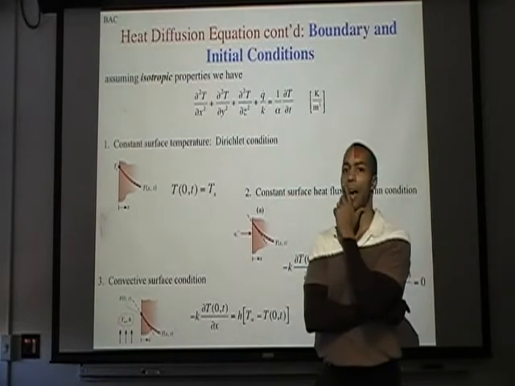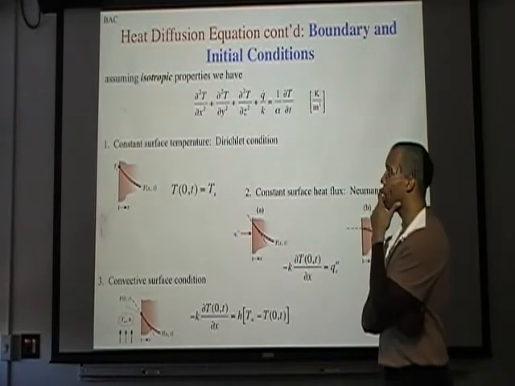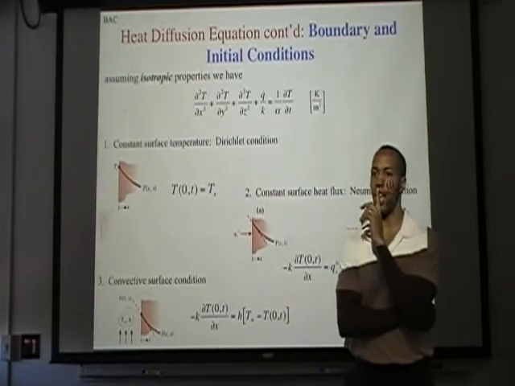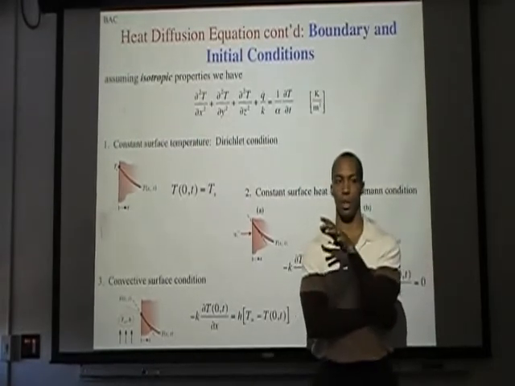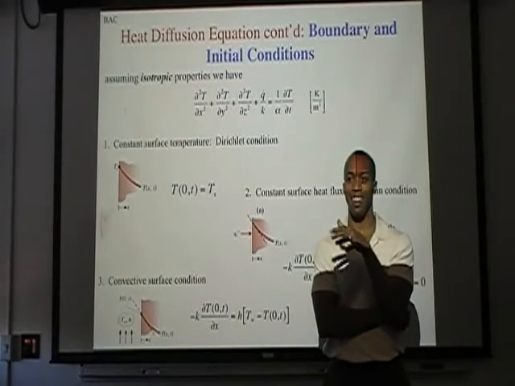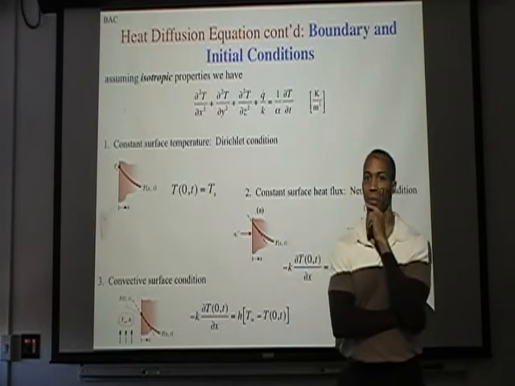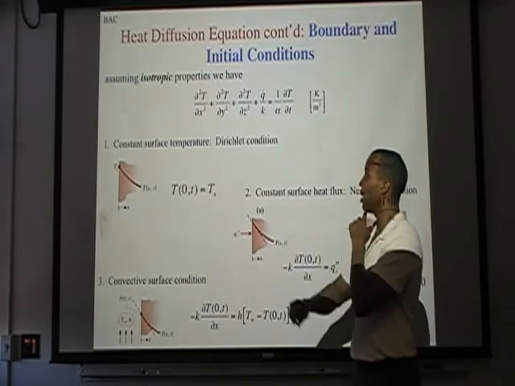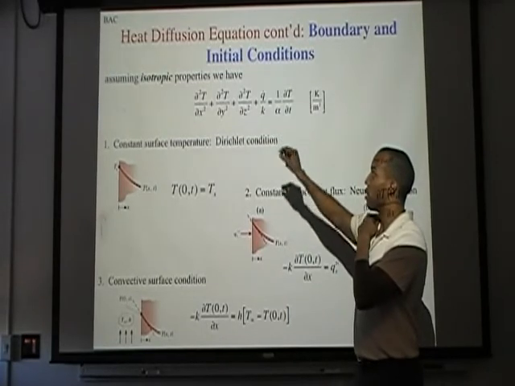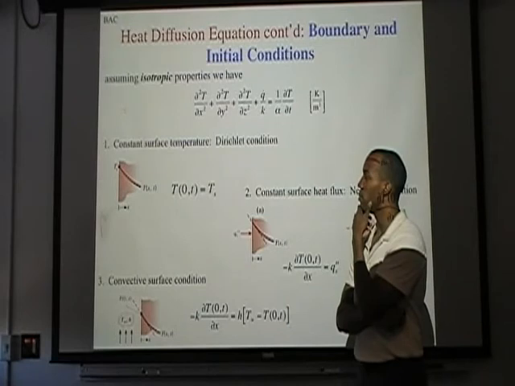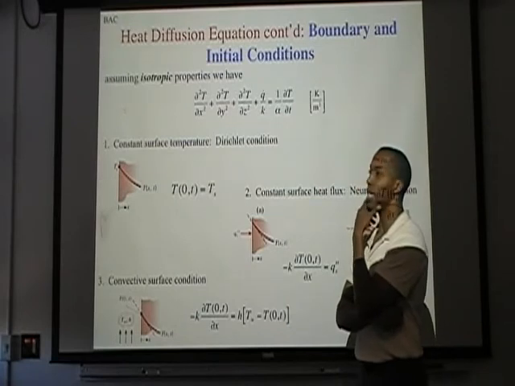So the question I have for you now is, you do solve these problems using math, and there are certain boundary conditions that constrain a problem and are necessary in order to get a meaningful solution. So let's simplify the problem.